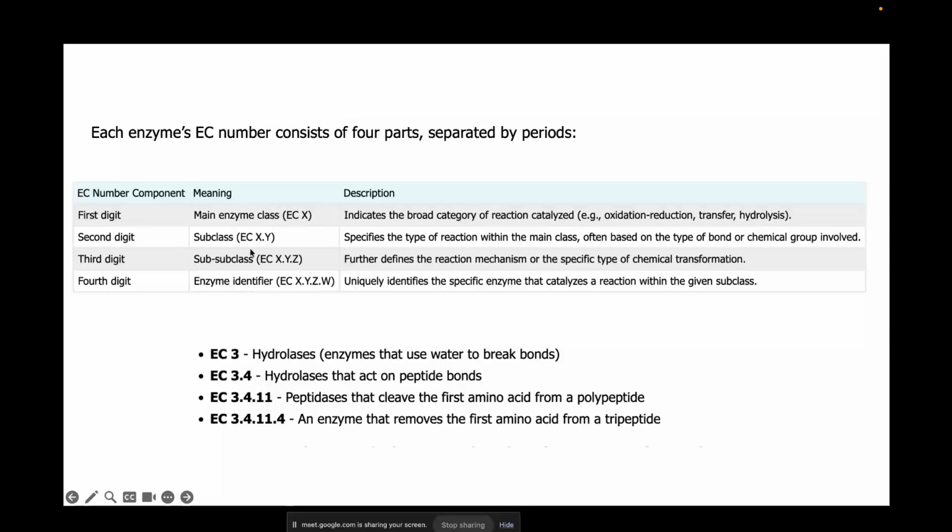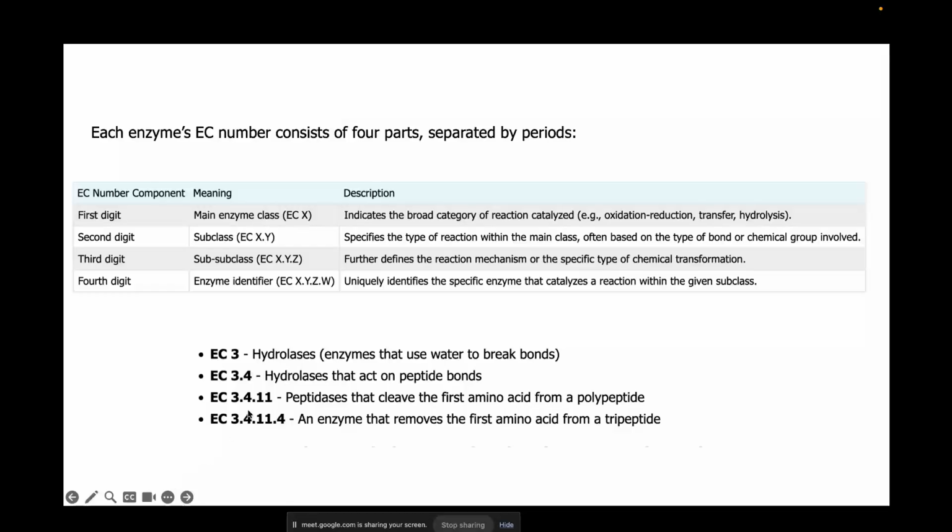The second digit is the subclass of the first, which specifies the type of reaction within the main class, often based on the type of bond or chemical group involved. Hydrolase means it is breaking bonds by bringing water into the molecule. So that is a hydrolase.